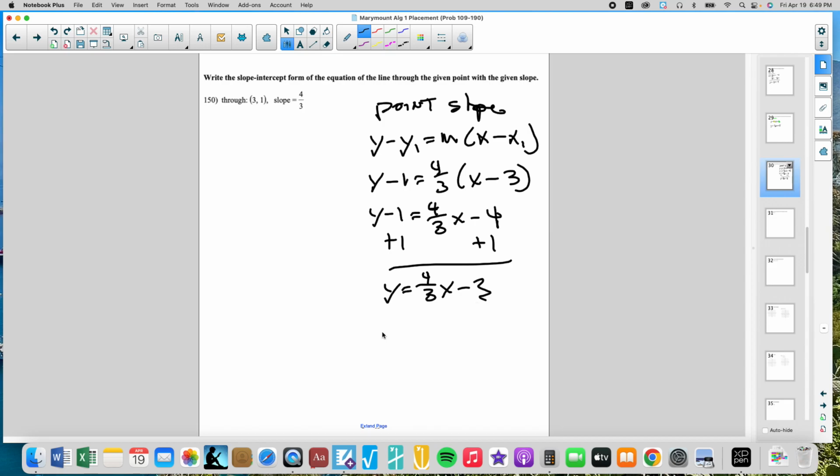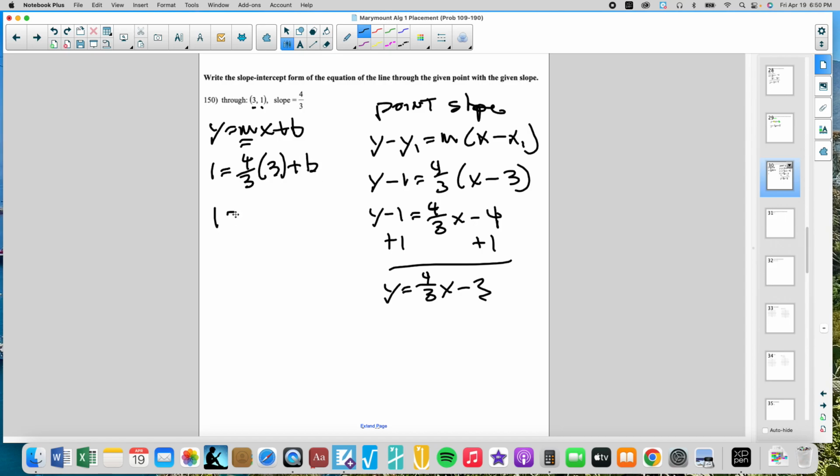To me, is there a negative somewhere here? 150. Oh, no, there's no. Yeah, good. The other way you could have done it is y equals mx plus b, where this is your x and this is your y. So you plug in the y, you plug in the slope, you plug in the x, and then you solve for b.